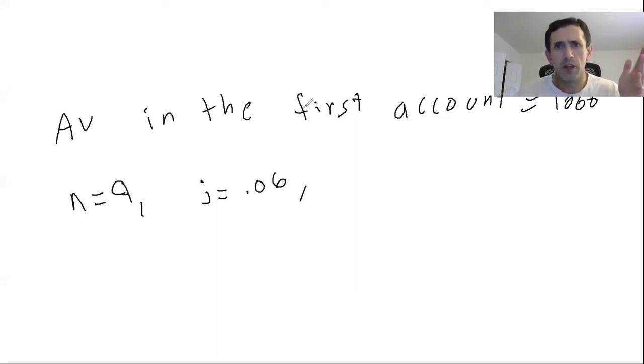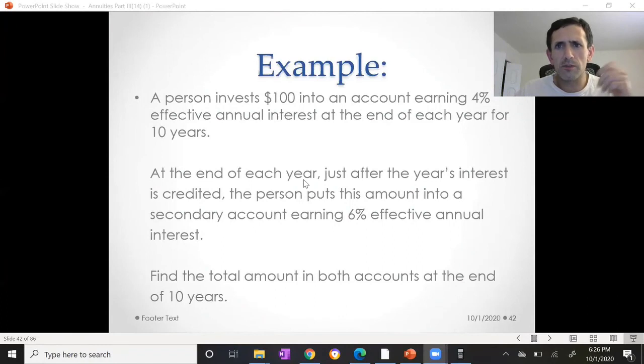We only used the interest for the first account to figure out what the deposits are into the second account. This 4% does not play into our formula for the increasing annuity. What we use from that formula is 6% effective annual interest.